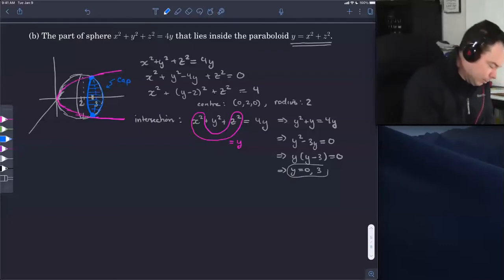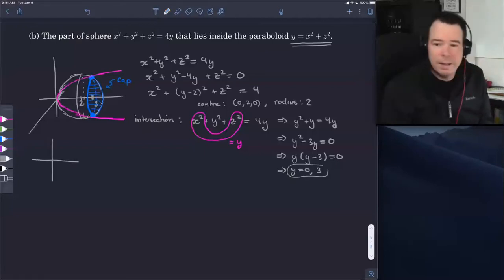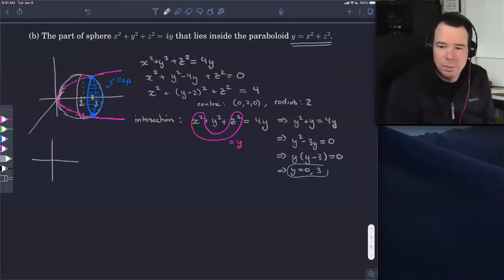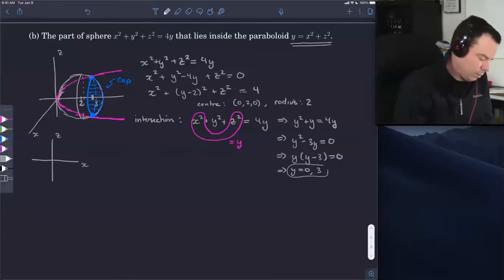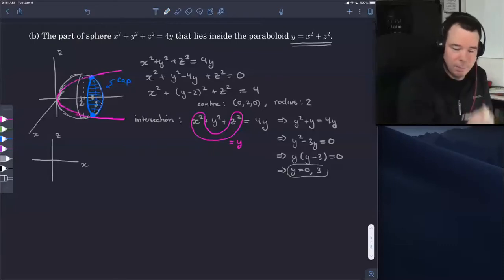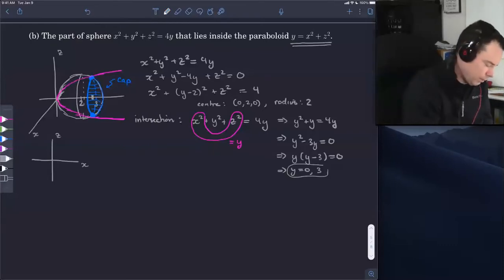Okay, so let's have a look at the region we're integrating over. That's now our function. Our function is going to be the set of all these y values that live on the sphere. And we are going to integrate over a region in the xz plane, basically the footprint of this cap as projected onto the xz plane.